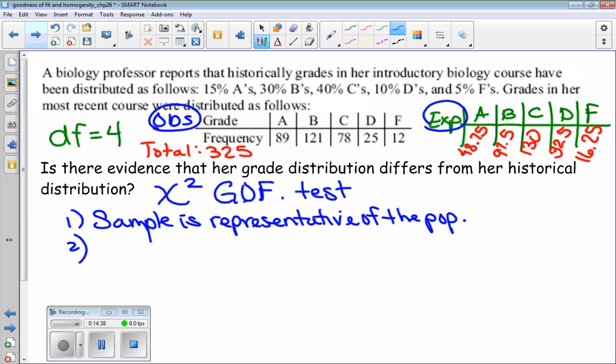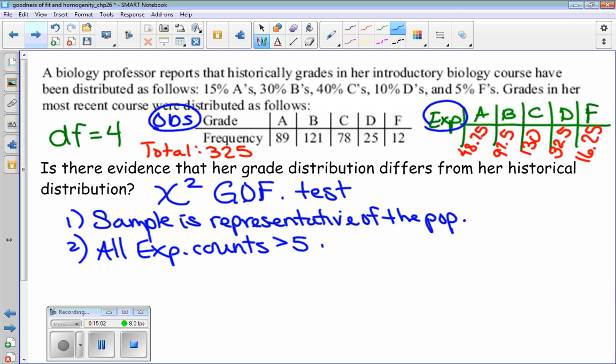Okay, and then what is the second condition for a chi-squared goodness of fit test? That the expected counts are greater than 5. Are they? What's the smallest expected count up there? 16.25. Still greater than 5, right? So all expected counts are greater than 5. So I've met my conditions.